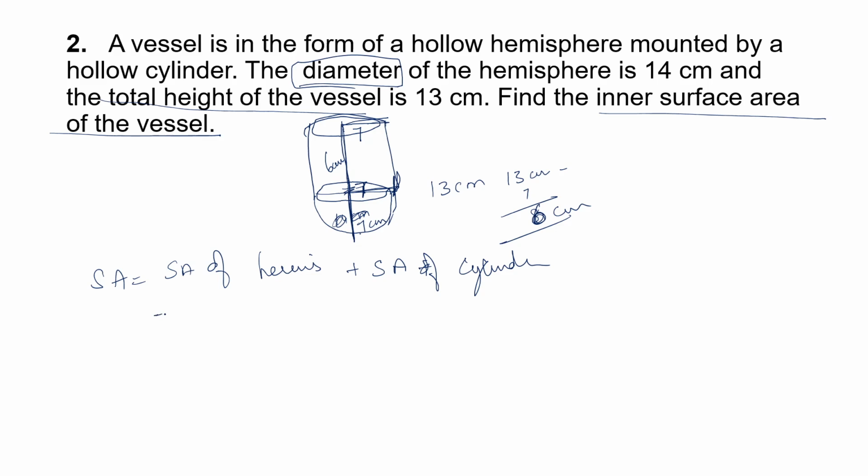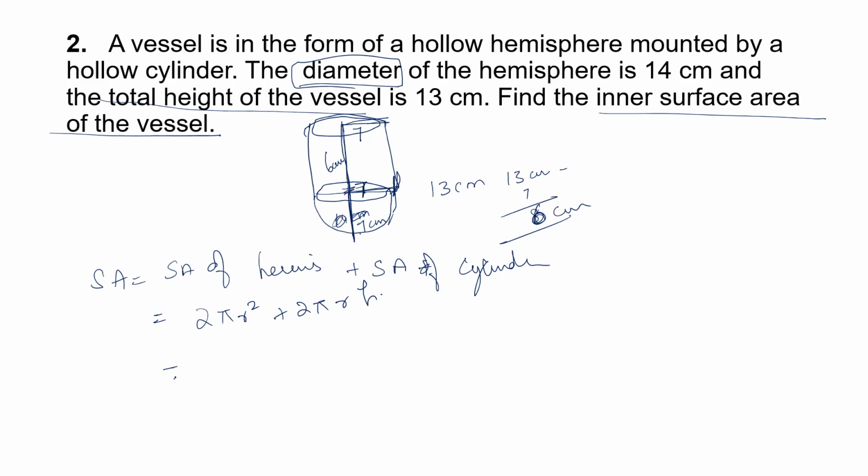So what is the surface area of hemisphere plus surface area of cylinder? 2 pi r square plus 2 pi r h.